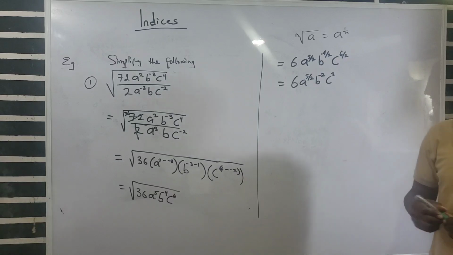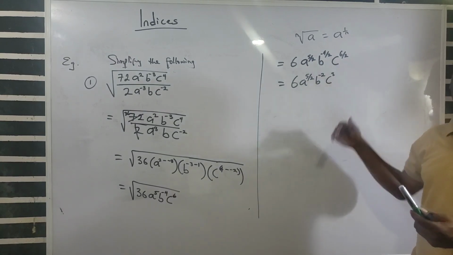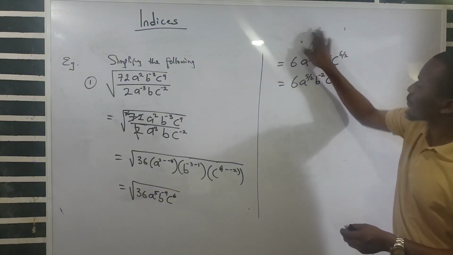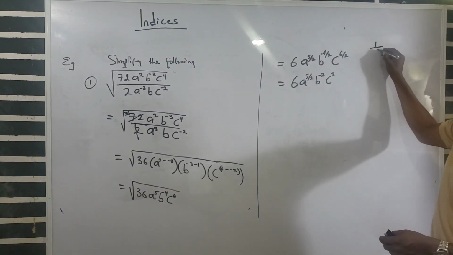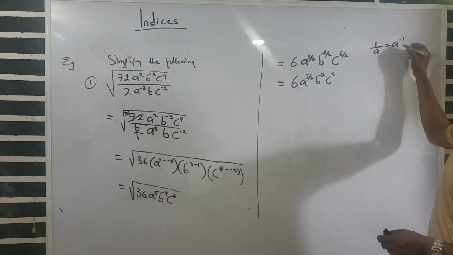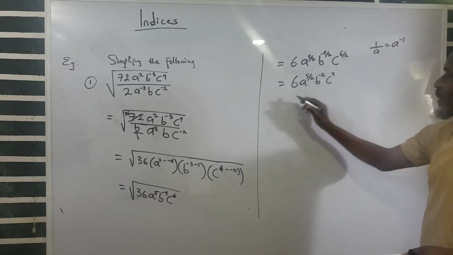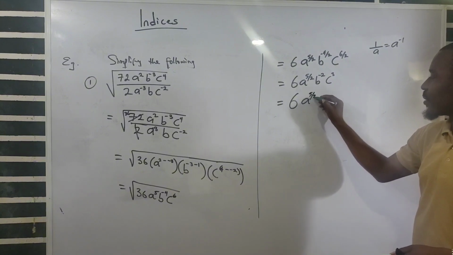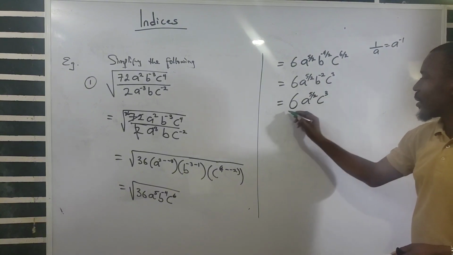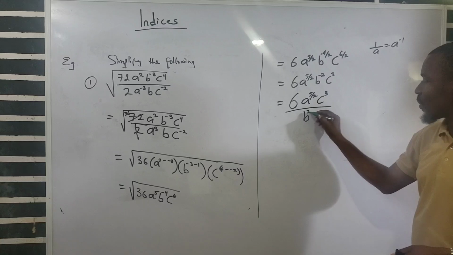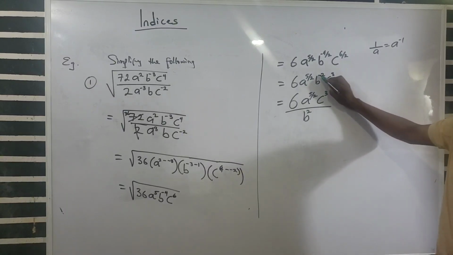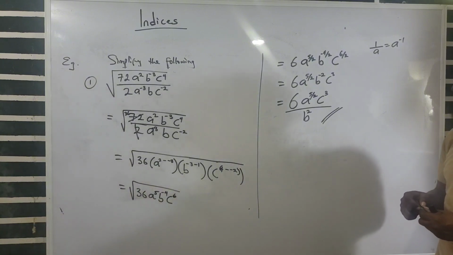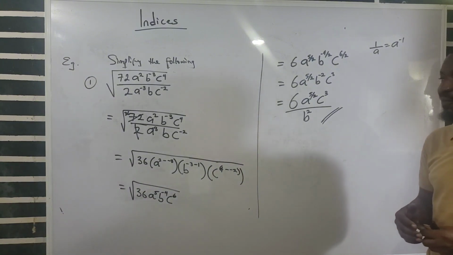Okay, remember minus here simply means 1 over. Okay, because we know that 1 over a will give us a minus 1. So with this now, we can apply it here. So that will give us 6 a 5 over 2 c 3 all over b squared. So b is coming down now without the negative anymore. So this is the final answer to that problem when you simplify.